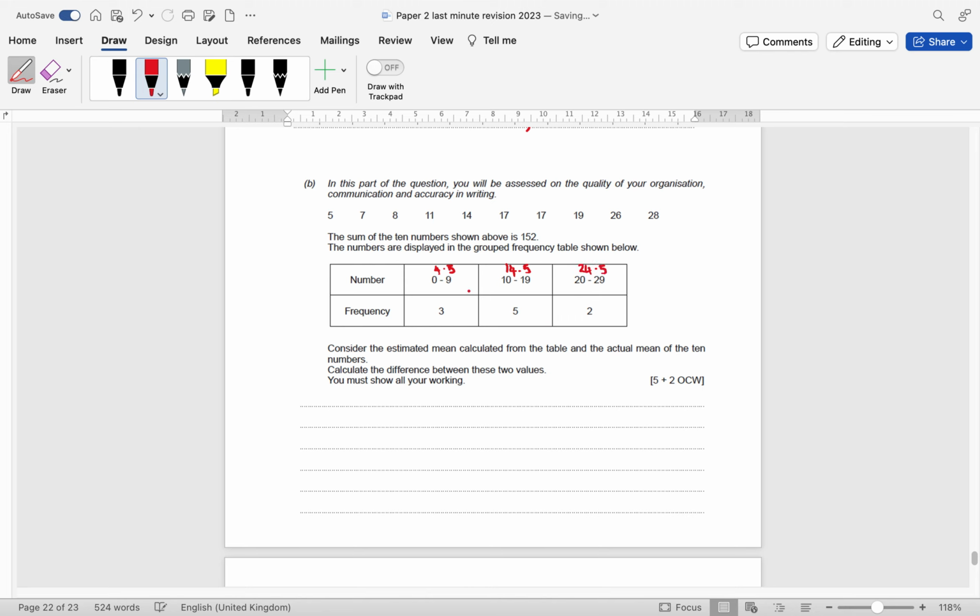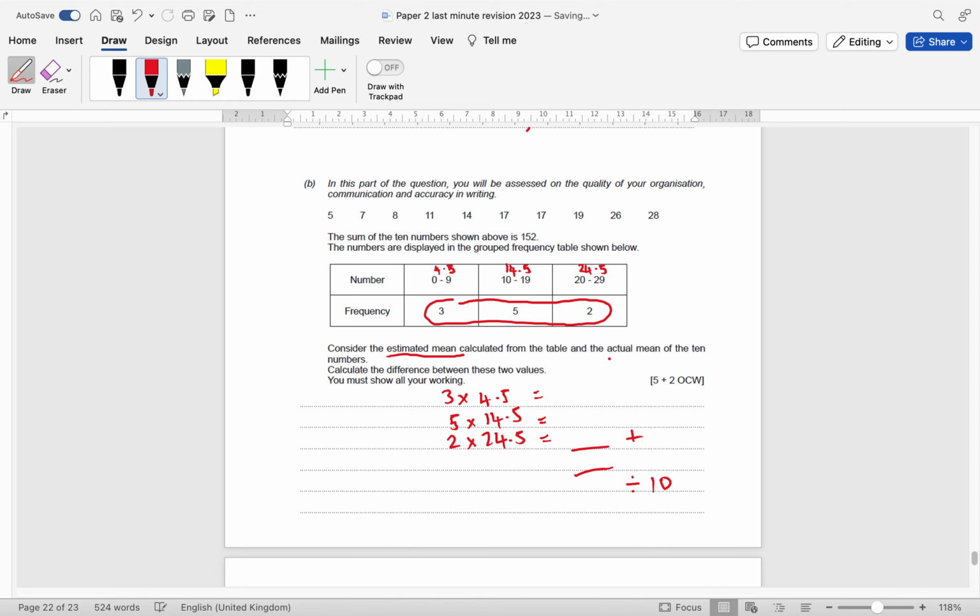If you only had this information to estimate your mean, you would do 3 times the midpoint of that, 5 times the midpoint of that, and 2 times the midpoint of that. You then add up all of your answers and divide that by the total frequency. So even though you're adding up 3 numbers, you're not dividing by 3, you're dividing by 10 because there were 10 numbers, not 3 numbers, okay?